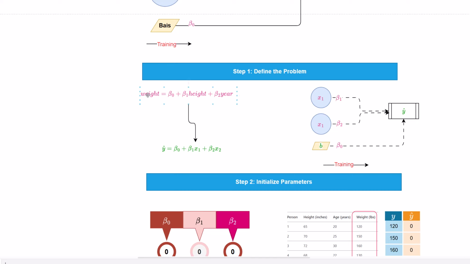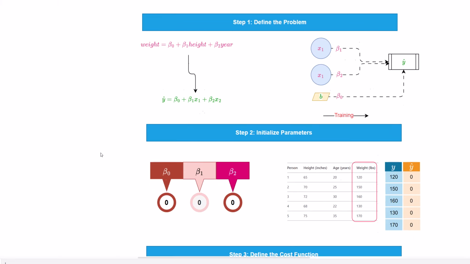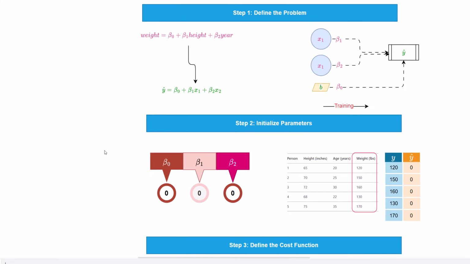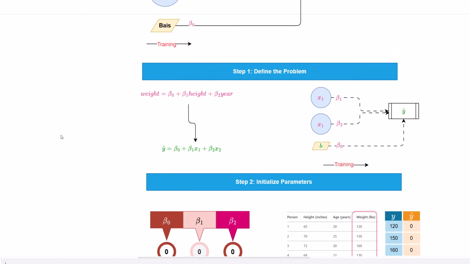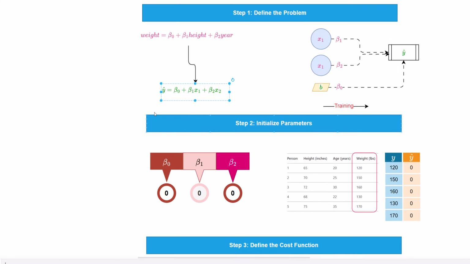Now let's just make it much easier. Instead of weight, we need to find y hat, and this height should be x1, and this one should be x2, just to make it less text. Now I would like to initialize, for instance, I will use this to predict the weight of each person. In the beginning, I will assume beta 0, beta 1, and beta 2 are zeros.